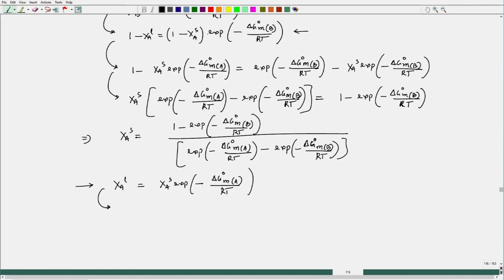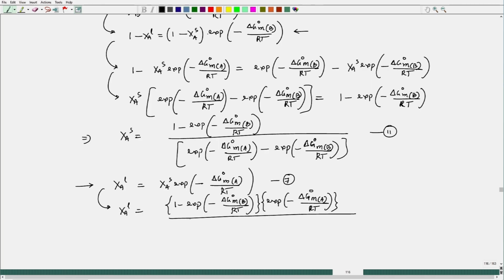So from here I can write XAL equal to 1 minus exponential minus delta G naught M B divided by RT, with exponential minus delta G naught M A divided by RT, divided by exponential minus delta G naught M A divided by RT minus exponential minus delta G naught M B by RT. I just replace XAS with what we have found out here. Let's say this is 11, so equation 11 is replaced in equation 7.